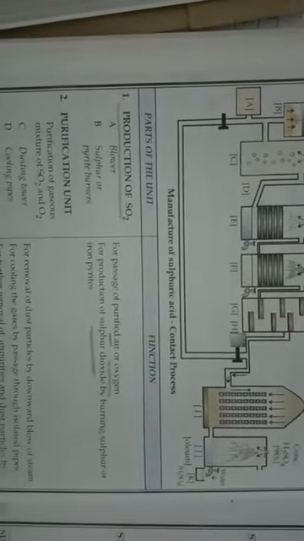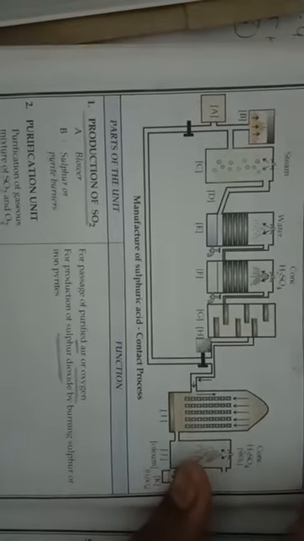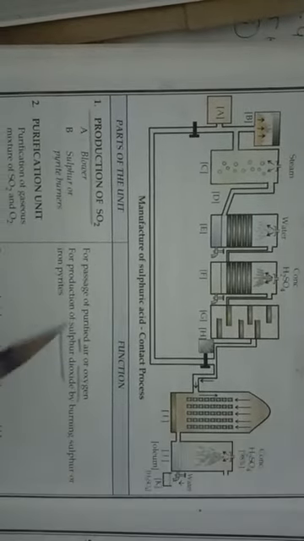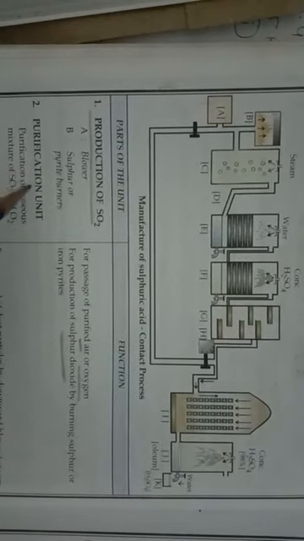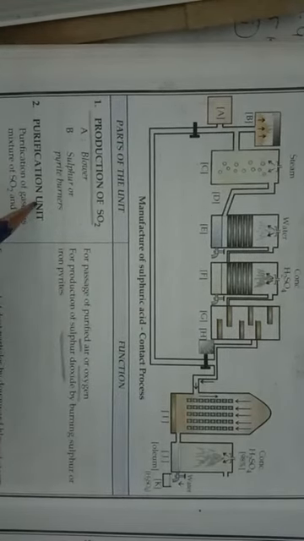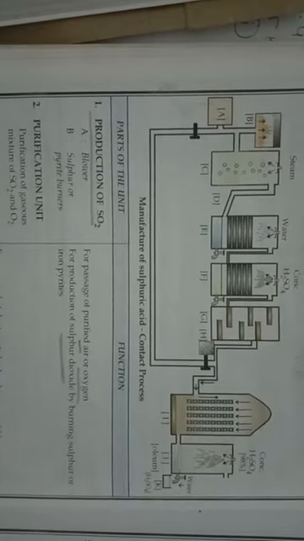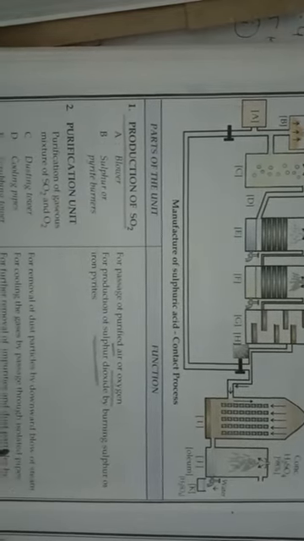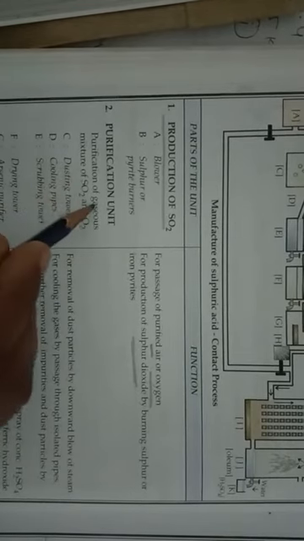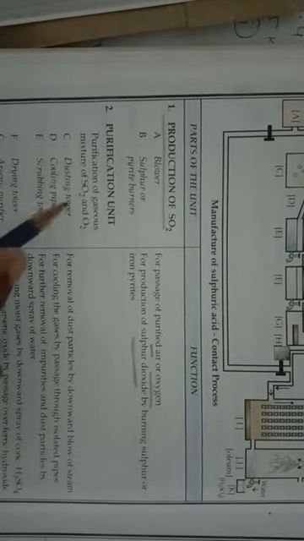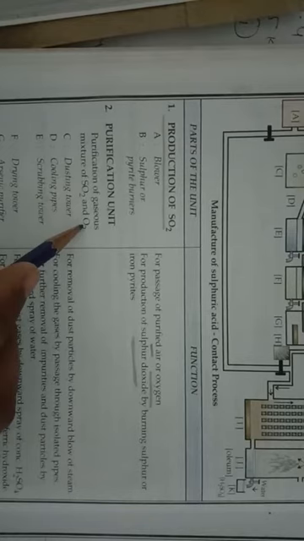The next portion of this apparatus is the purification unit, and this is the most important portion of the contact process apparatus. This purification unit is where the gaseous mixture of SO2 and O2 is purified.